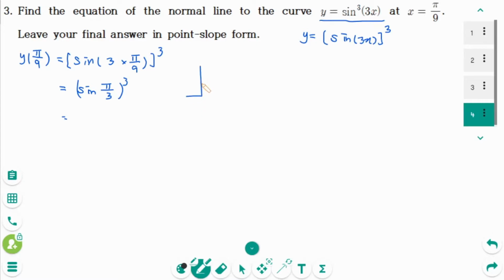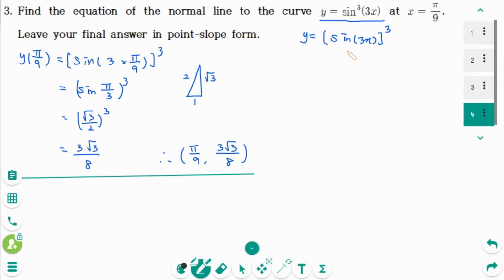Pi over 3 is the square root of 3 part, 2 and 1 part. Then use SOHCAHTOA. Sine of pi over 3 is square root of 3 over 2 cubed, which is 3 square root of 3 over 8. The point is pi over 9, 3 square root of 3 over 8.